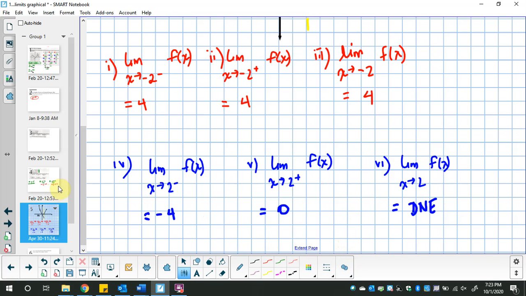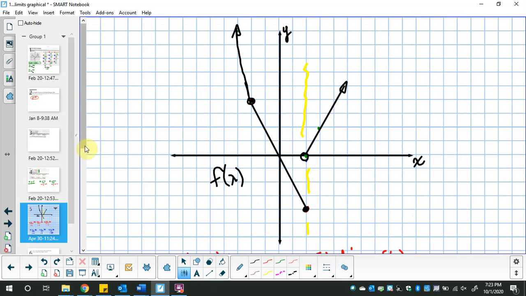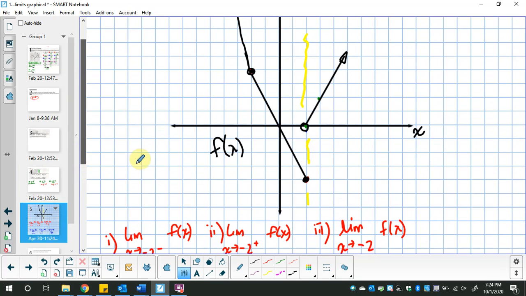Now there's one last question here that leads me to a bunch of definitions that are useful for calculus, and that is, is the function continuous for all values of x? And the question is to explain. And the answer is that this function is mostly continuous, but it's not all continuous.